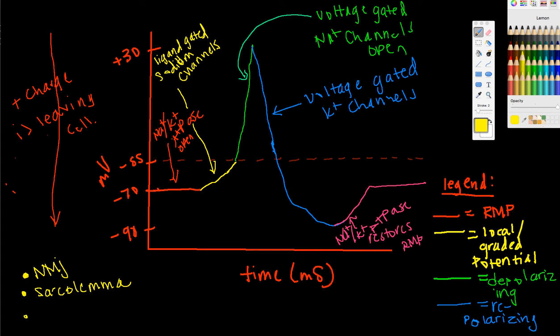But I want you to know that this, of course, also occurs in neurons, which we haven't really gotten to yet. We've only talked about them in the context of the neuromuscular junction. But we will be looking at lots more of this kind of stuff as we move forward with our discussions of the body systems that include excitable cells. So don't think this is the last you'll see of this chart. You're going to see me draw it a lot more times in a lot of different ways.